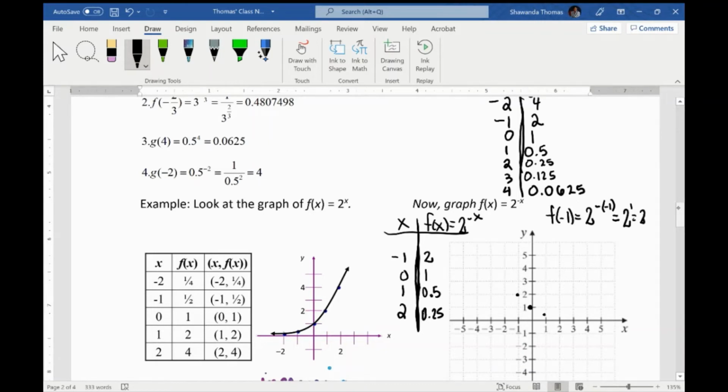Give me, what about -2, you all? -2. What is that? 4. Okay. That'll help us out a little bit. Okay. Make sure we're doing right. One more. What about -3?